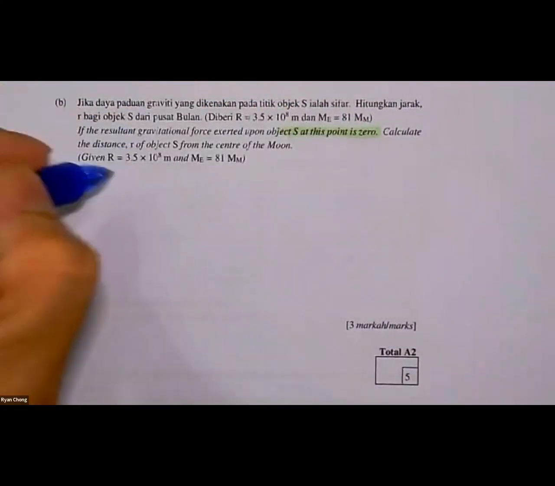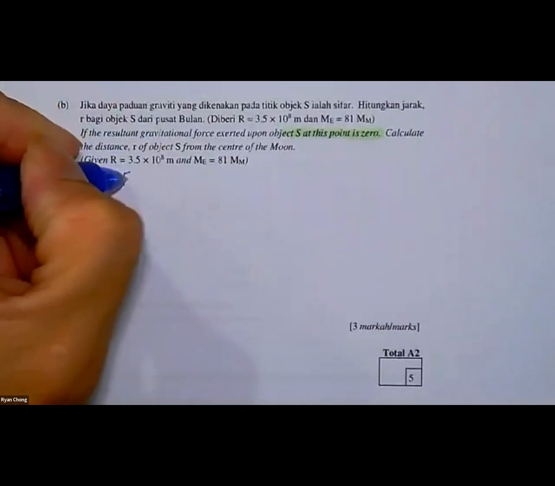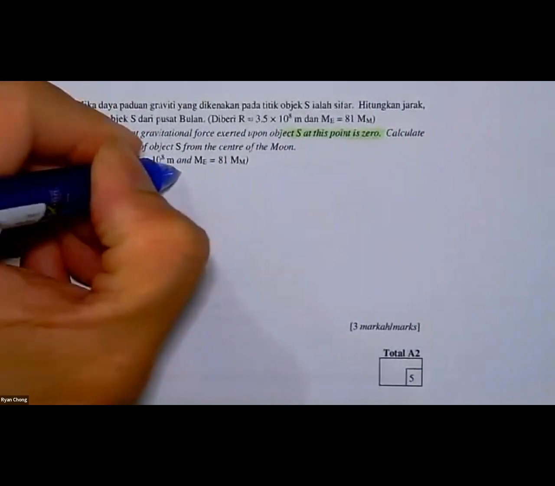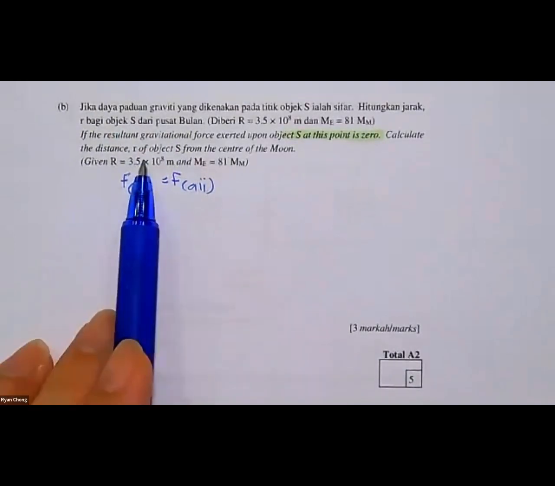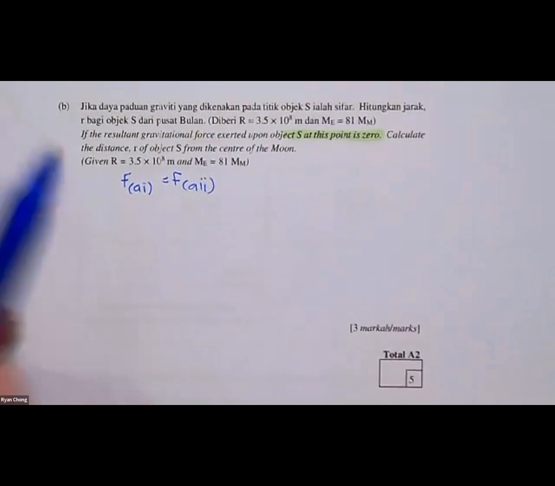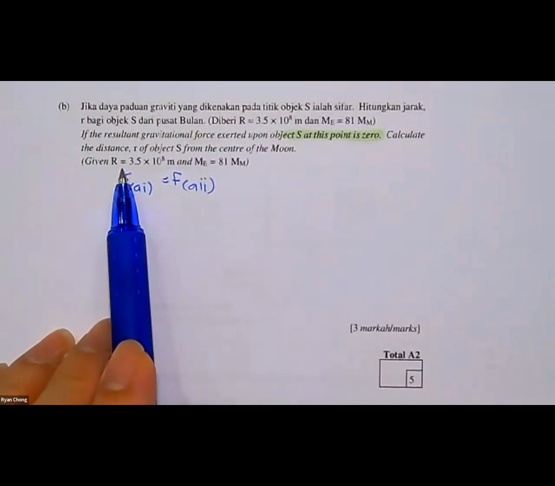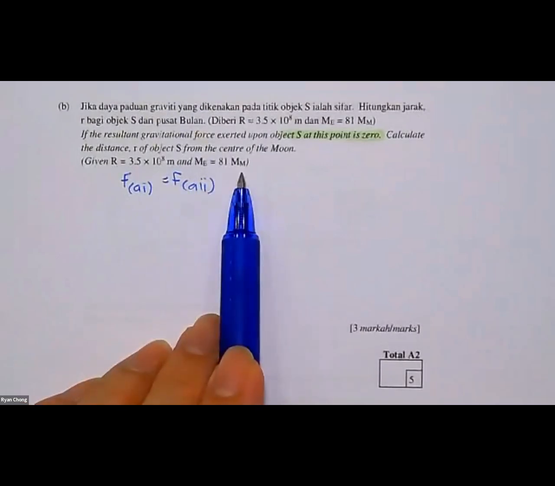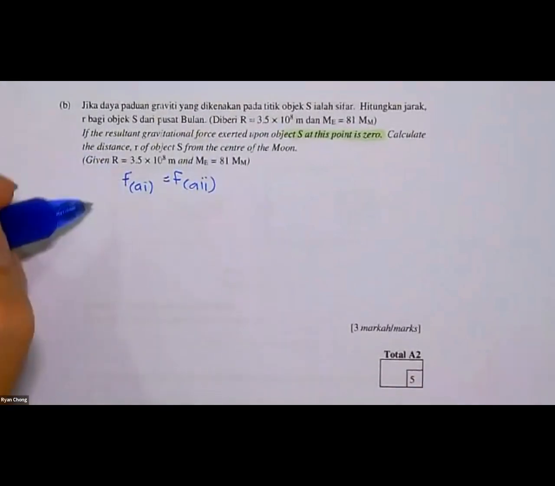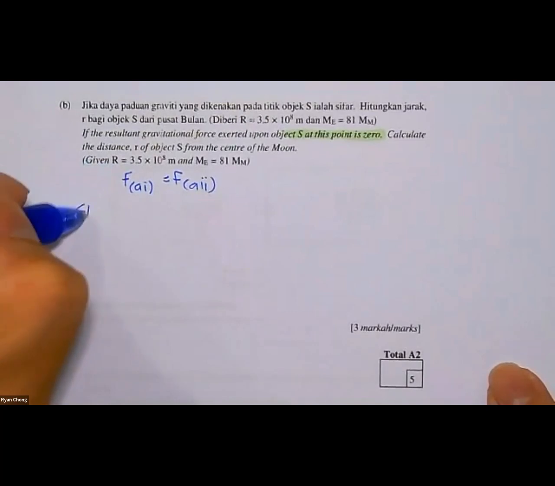The attraction force formula that you have in A1 and A2, the answer in A1 is the same as the answer in A2. That is what it means, right? Okay, so what is the distance of S from the moon? Given that R is 3.5 times 10 power of 8, and the mass of Earth is 81 times the moon. Okay, so you don't bother so much, you write the formula back first.